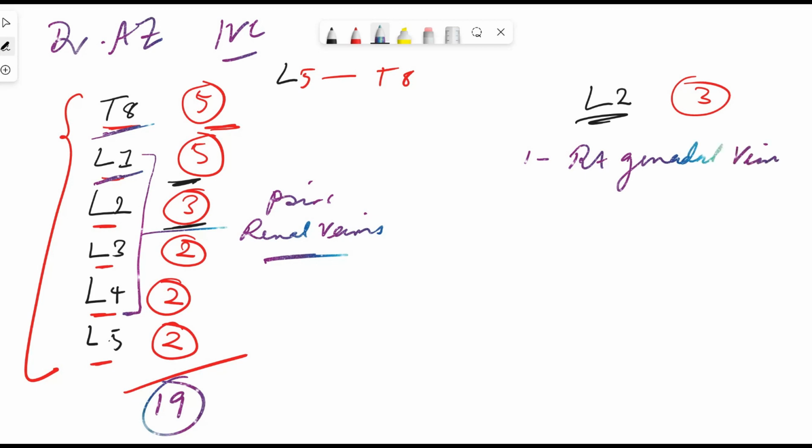The left one, where does it go? To the left renal vein, right? So this is only one vein. And number 2, there is a pair of renal veins, so we have 2 renal veins. That's it. These are the tributaries for the inferior vena cava at the level of L2.